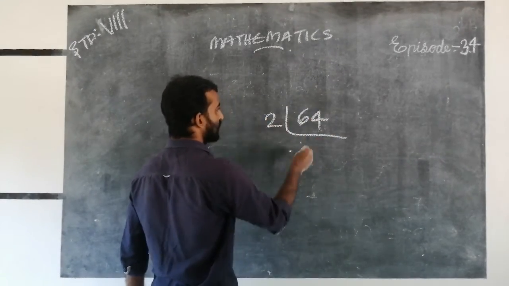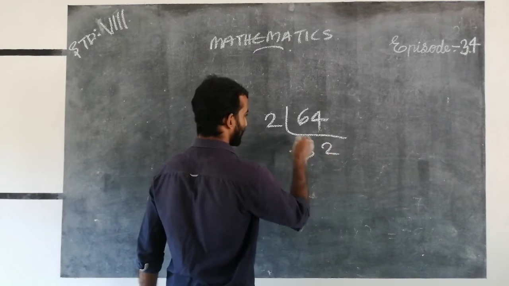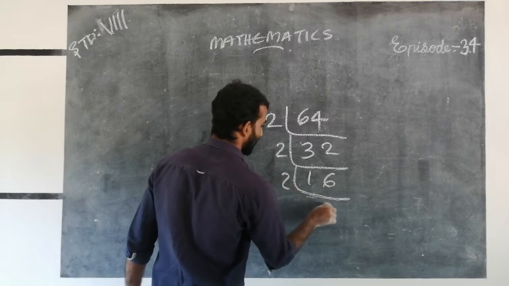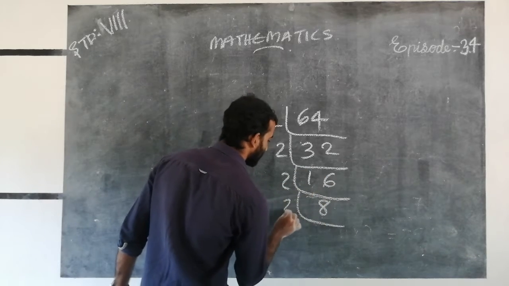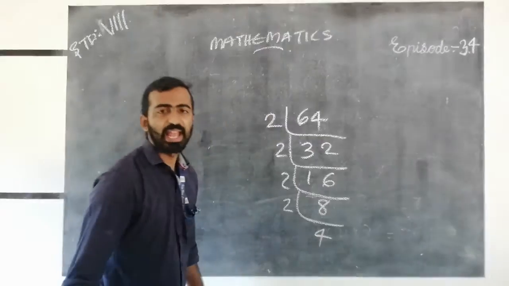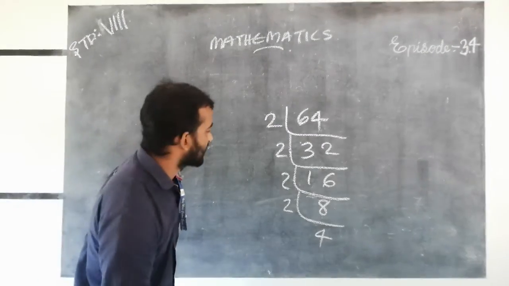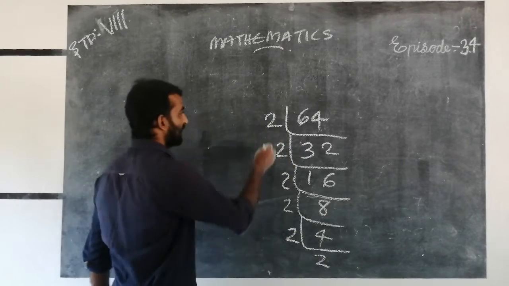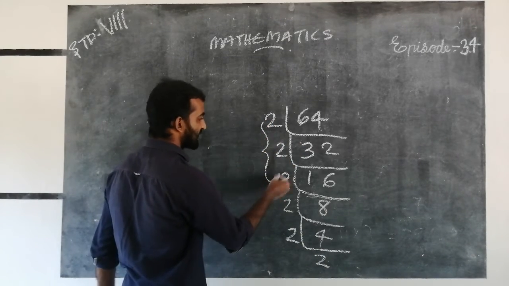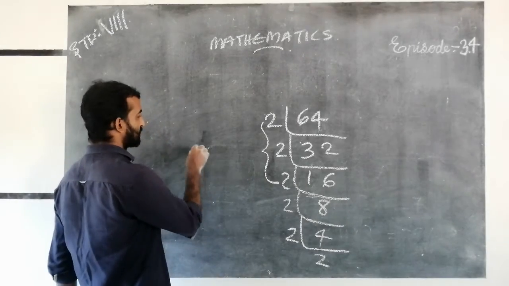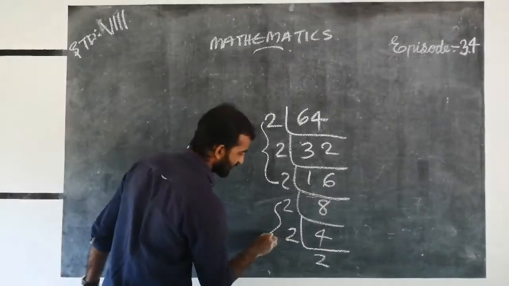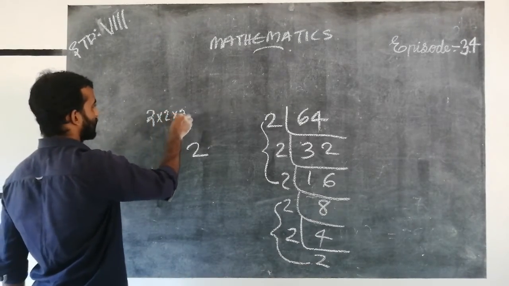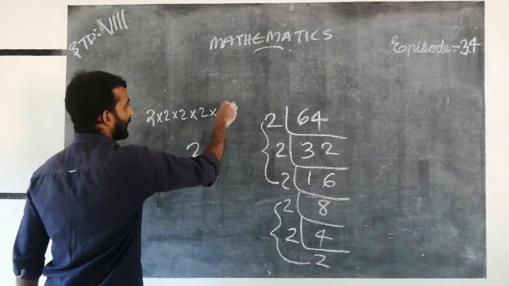First 2, we get 32, and next 2, that is 16, and 2, that is 8, that is 2, that is 4. Yes. And 2 and 2. We take one group of 3 times 2, and the next 3 times 2, that is 2 into 2 into 2 into 2 into 2 into 2.